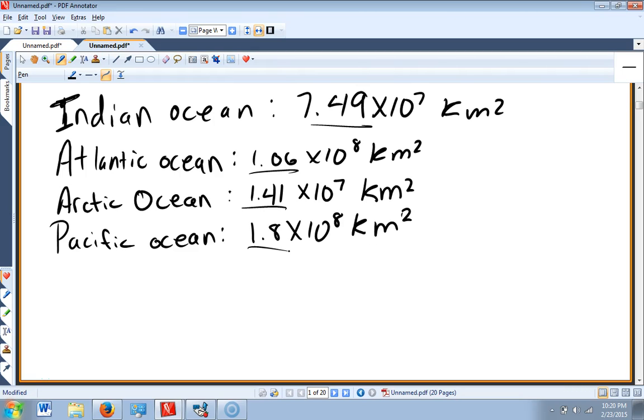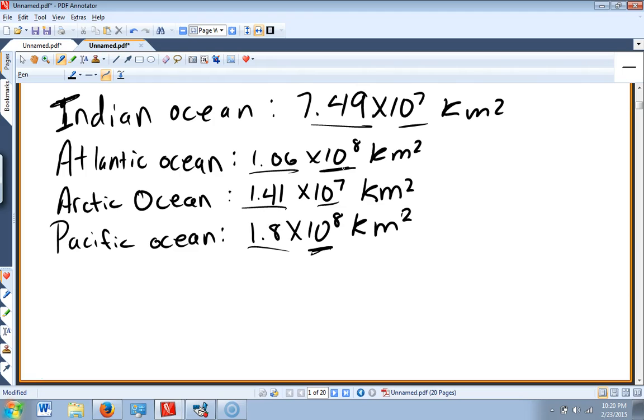And the reason is because when you start multiplying by these 10 to the 8th and 10 to the 7th, these 7.49, the 1.06, the 1.41, the 1.8, they become very, very small. Or the differences that they create are not going to be that much in the grand scheme of things. What really is going to make the big difference is this number here.